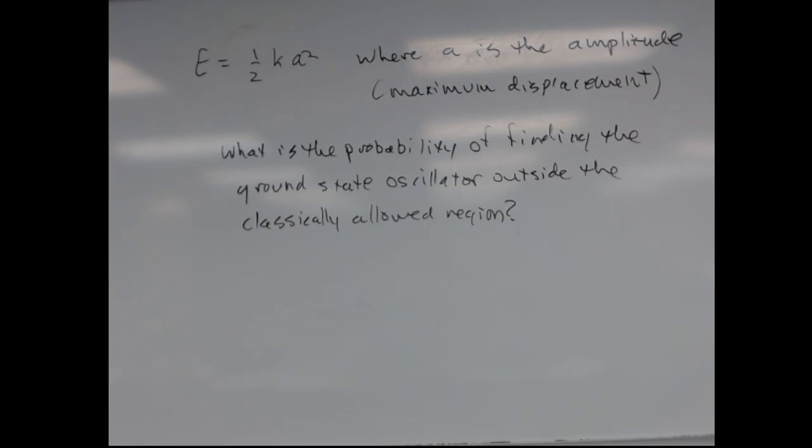And so we can say A is equal to the square root of 2E over m omega naught squared. And so we can integrate 1 minus the integral from minus A to A of our quantity, beta squared over pi, so 1/4 times e to the minus beta squared x squared over 2, where A is this thing.